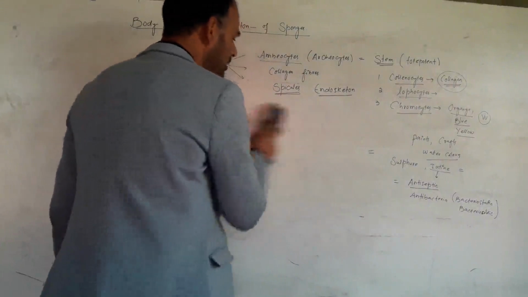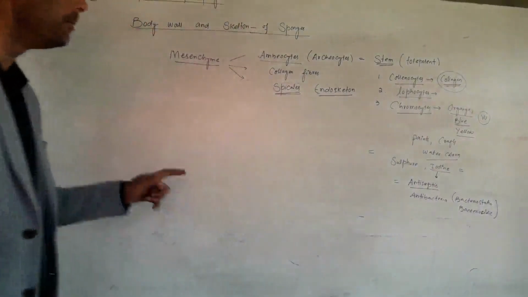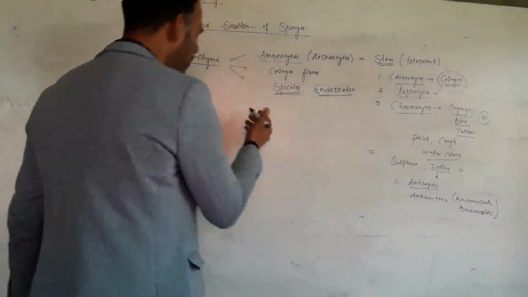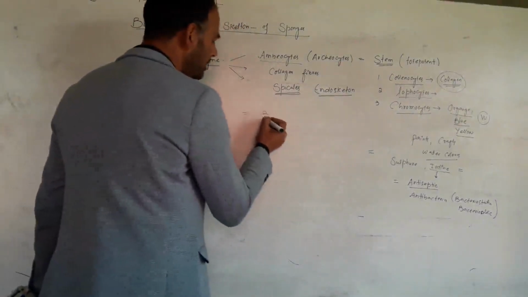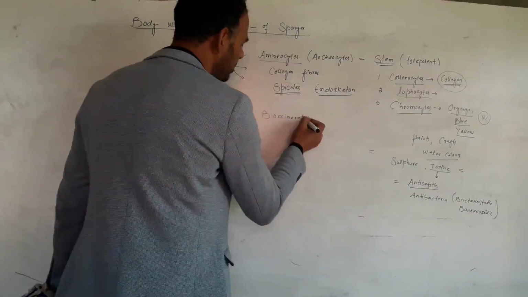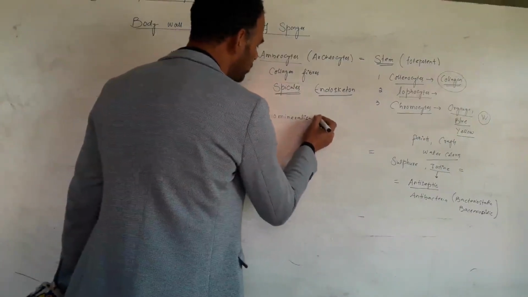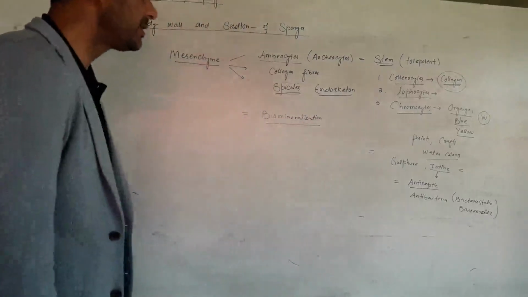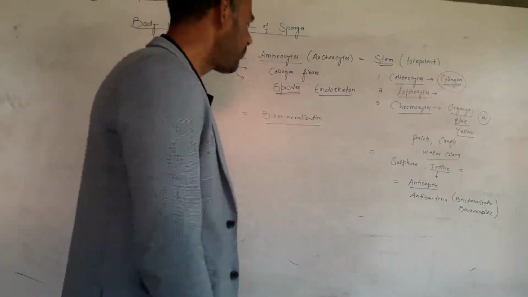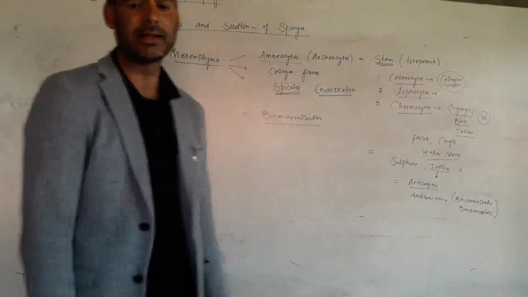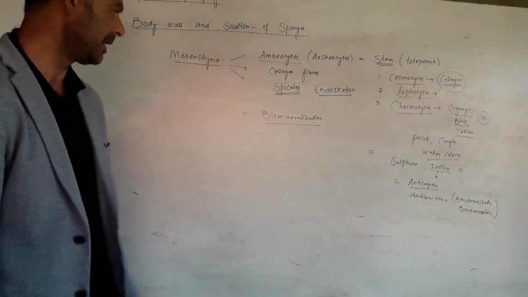The process of making the mineralized skeleton by the sponges is called biomineralization. This is also a characteristic feature in sponges, that they can make their skeleton from minerals: one is siliceous skeleton and another is calcareous skeleton.